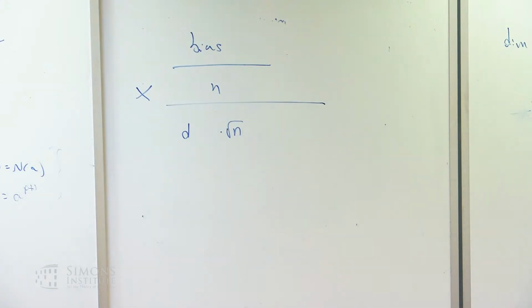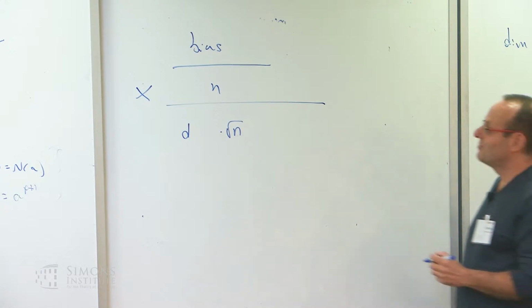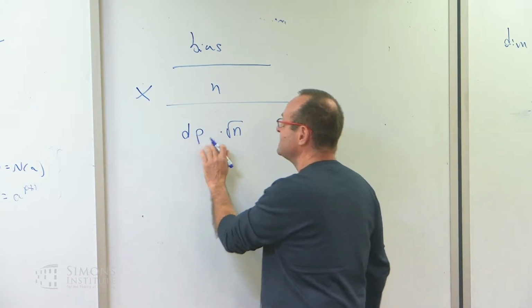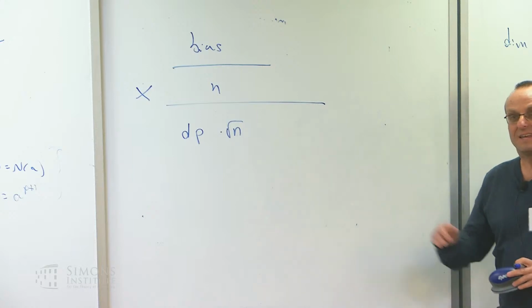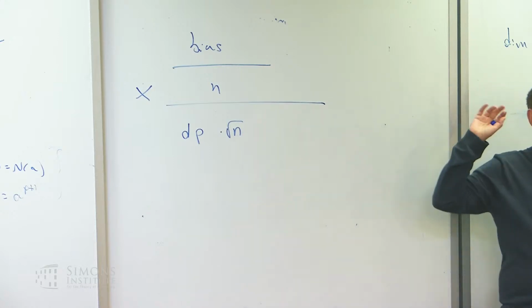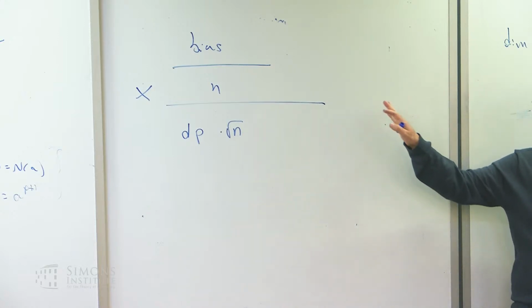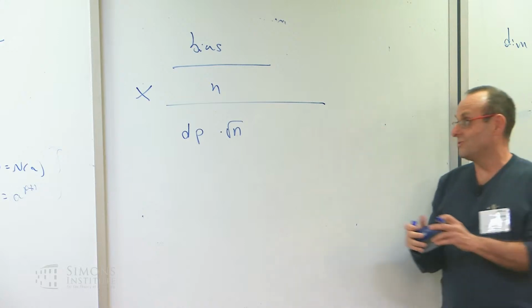I think it's most natural to expect that this root n is multiplied by the number of zeros of the function, which is also the number of poles of the function. This is really the number of zeros and poles. In a minute, I'll tell you why. So I think this is the most natural thing to expect.